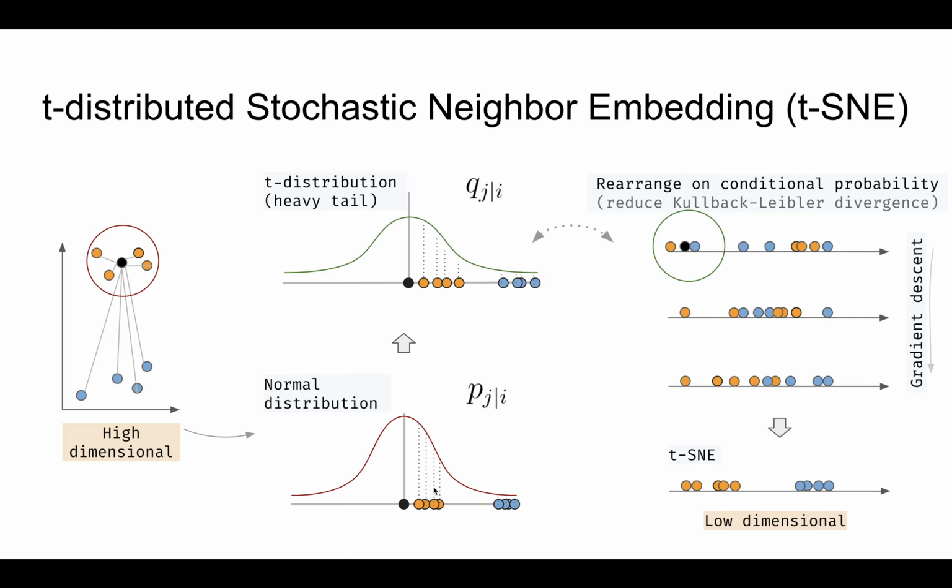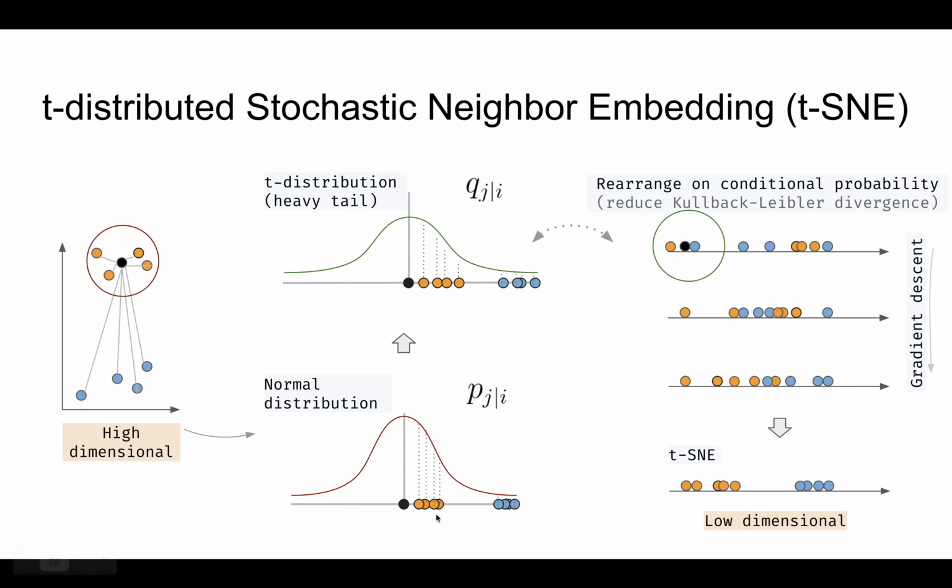The next is t-distributed stochastic neighbor embedding, t-SNE. So in this particular method, let's say we have these data points shown here on the left in a high dimensional space. Then the idea is that let's say we pick a point shown here by the black dot, we draw a Gaussian around that dot, and then we find where each of these data points lie under that Gaussian.